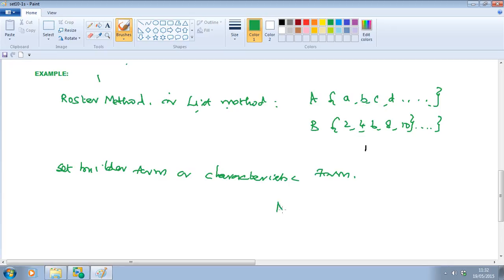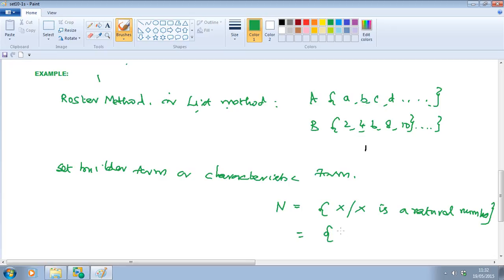We represent natural numbers by N. We say it is the set of x, where x is a natural number. That is the way we write. One more example I'll give you.